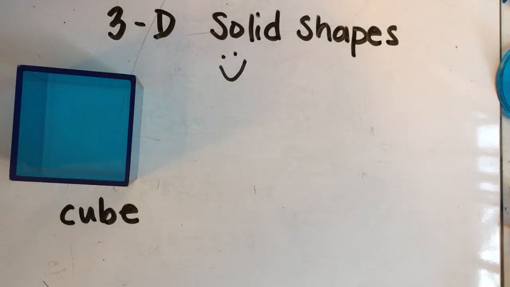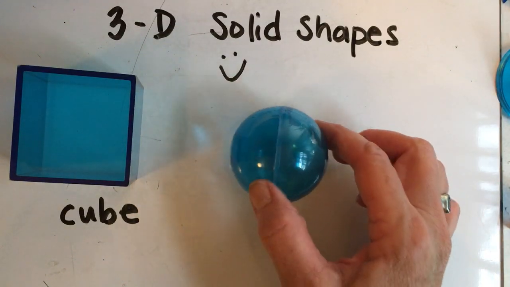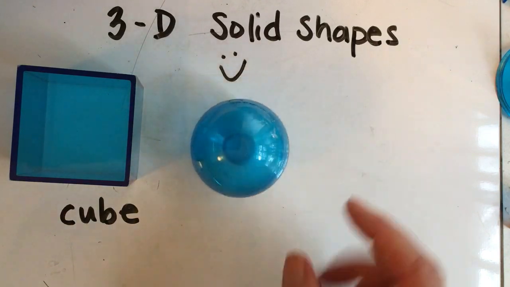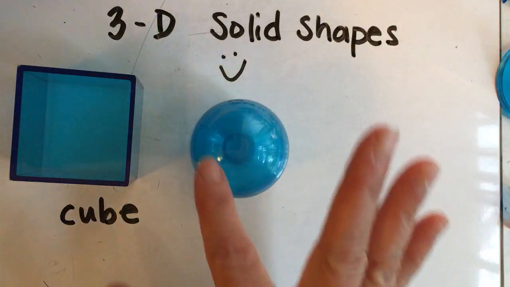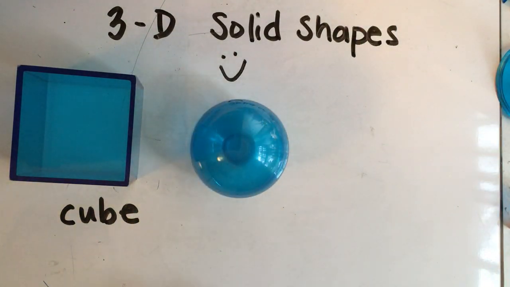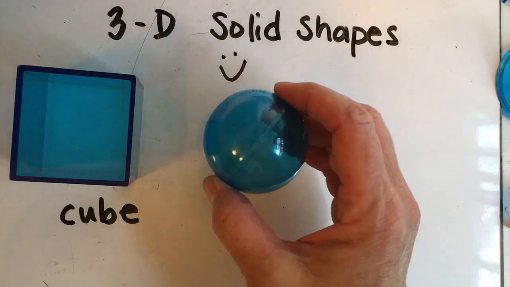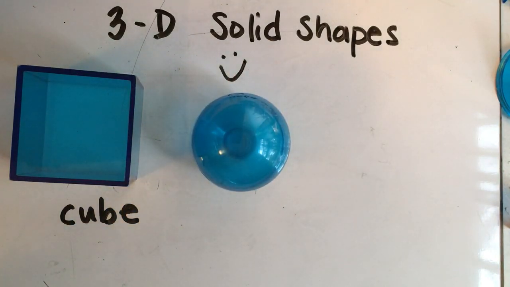The second one is another one we've already talked about in school. It is round, and we don't use really the word circle, except we could say it sort of has a circular shape, but circle usually is always going to mean flat. And so we're going to call this round, and its special name is a sphere.